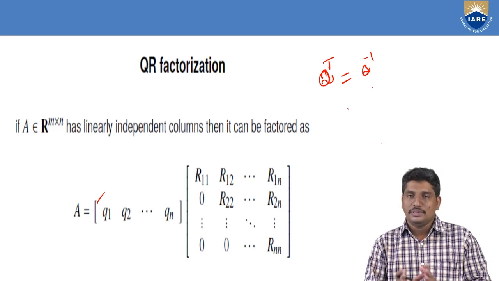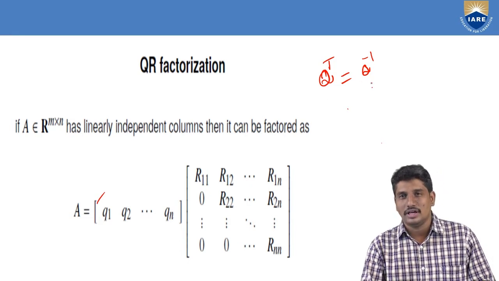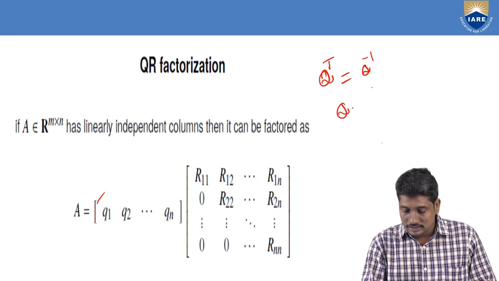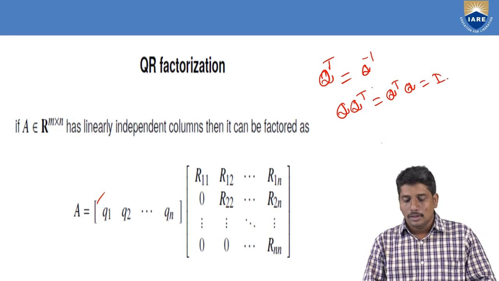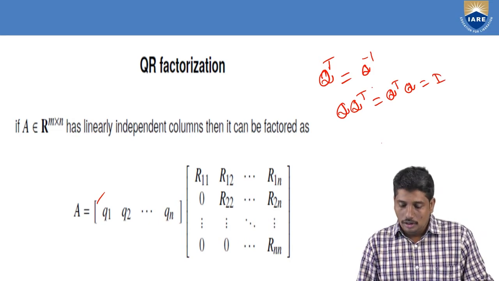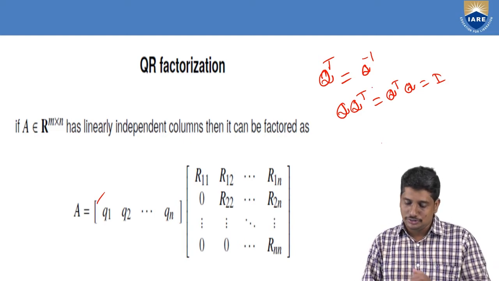So, due to the behavior of the vectors inside, the transpose of Q will be equal to the inverse of Q, which is a rare phenomenon in maths. So, with that, we can see that Q into Q transpose and Q transpose into Q is always equal to I. Because the transpose is its inverse itself, Q into Q inverse, that is Q into Q transpose, is always equal to I.